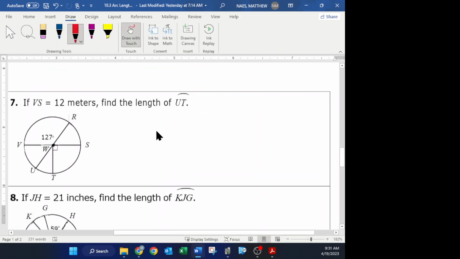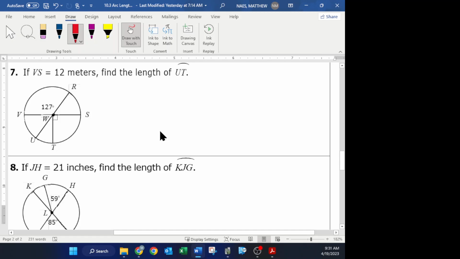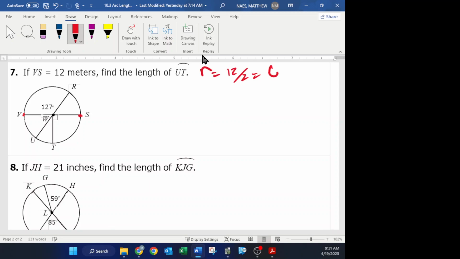All right, so for number 7, they give us VS, so that's the diameter, which means the radius is half that. Radius is 12 over 2, which is 6. Find the length of UT. So we want this arc length here. We're going to use that vertical angles are congruent. Since these two lines intersect, these two angles are congruent.